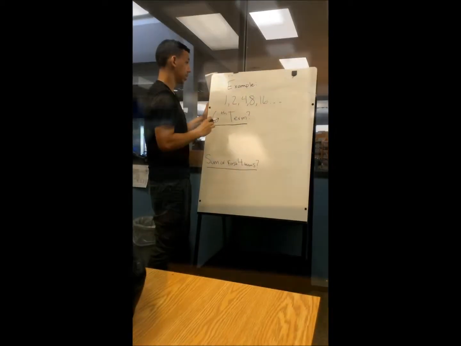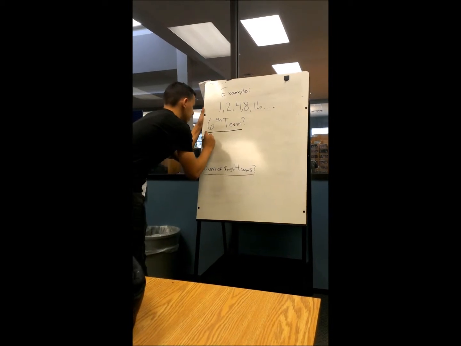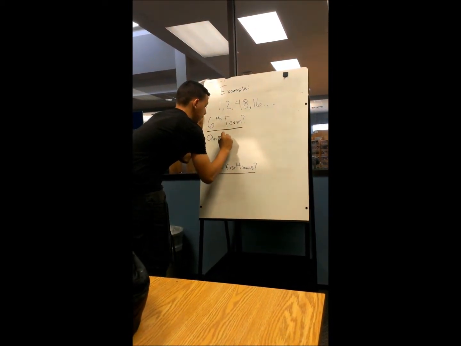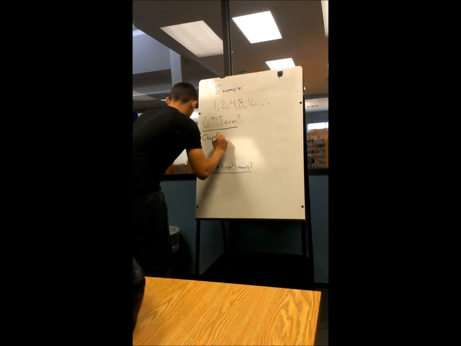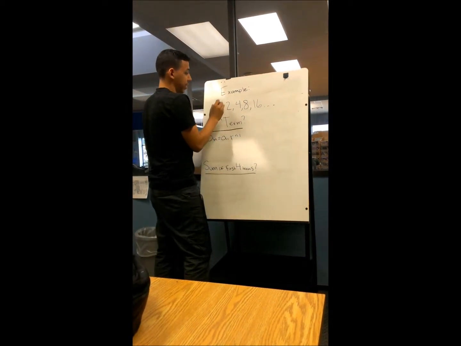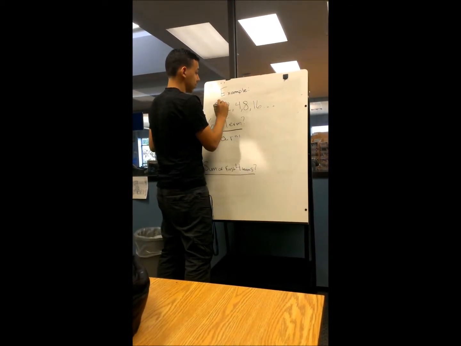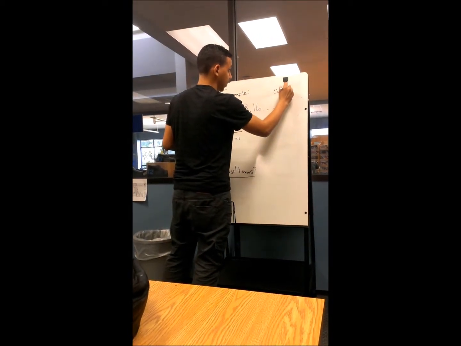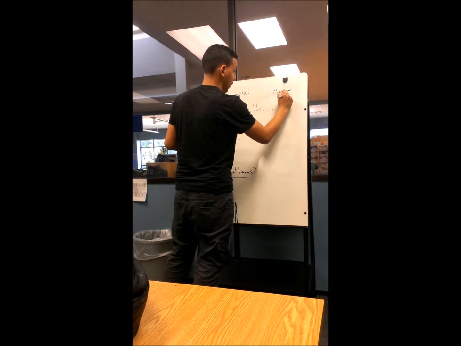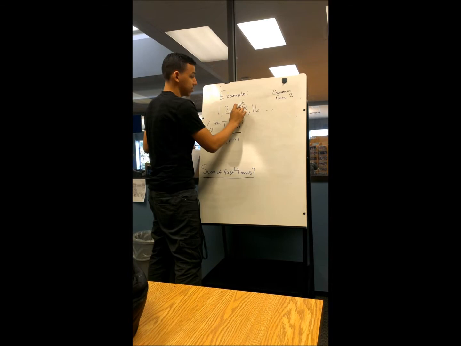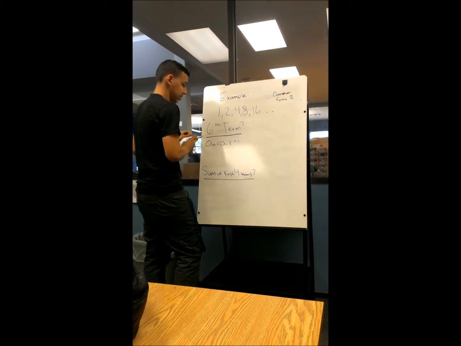To find the sixth term, we're going to use the equations I gave you. And it's simple here to find the ratio. It's once again multiplied by 2. 4 times 2 is 8, 8 times 2 equals 16.